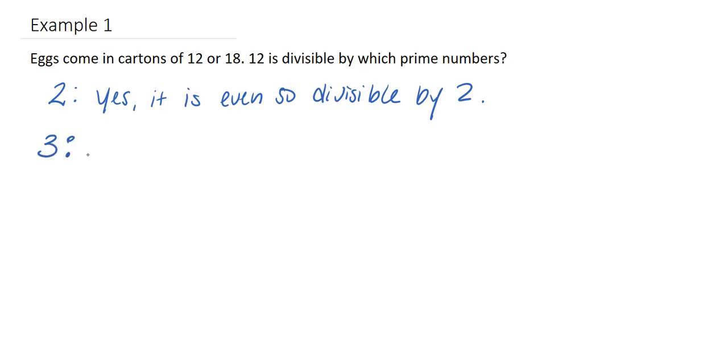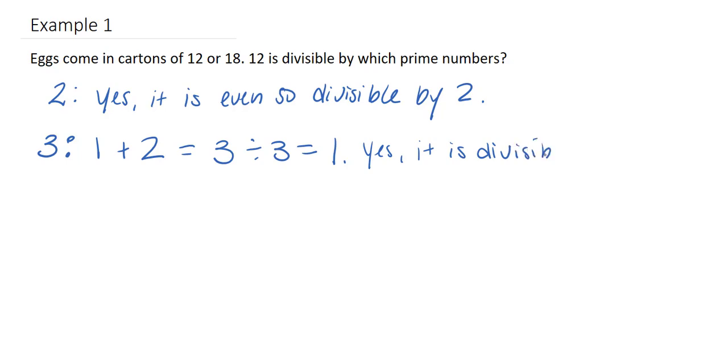The next one is 3. For this test, we can look at the sum of the digits. So 1 plus 2, because those are the 2 digits in 12. 1 plus 2 is equal to 3. And if we divide by 3, it's equal to 1. So we get a whole number. So we would say, yes, it is divisible by 3.